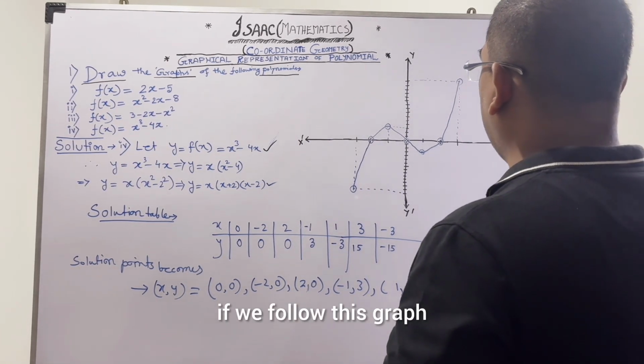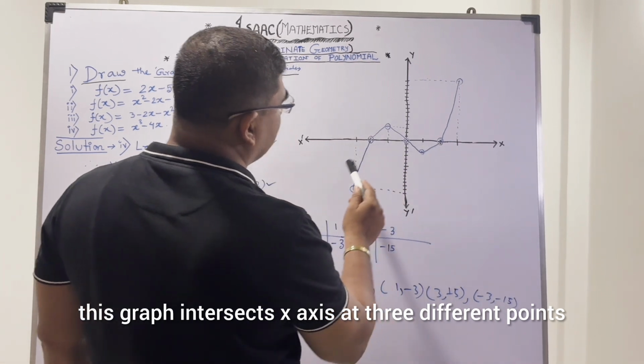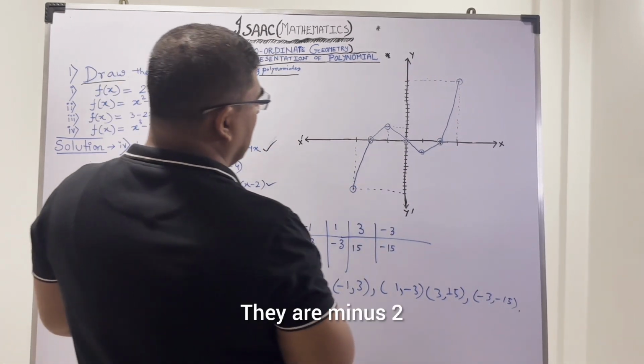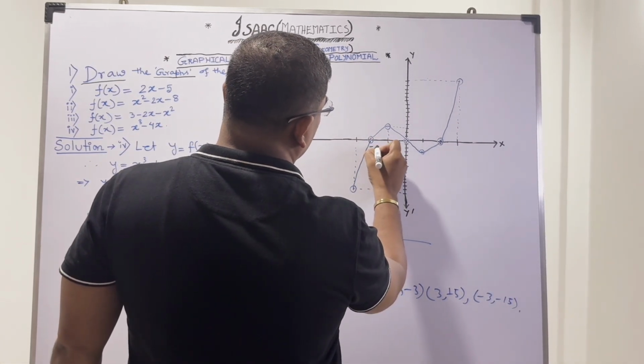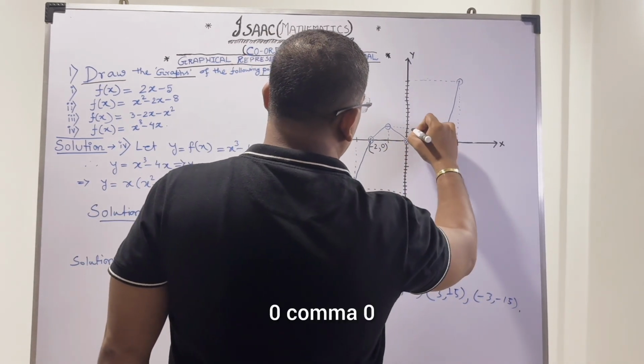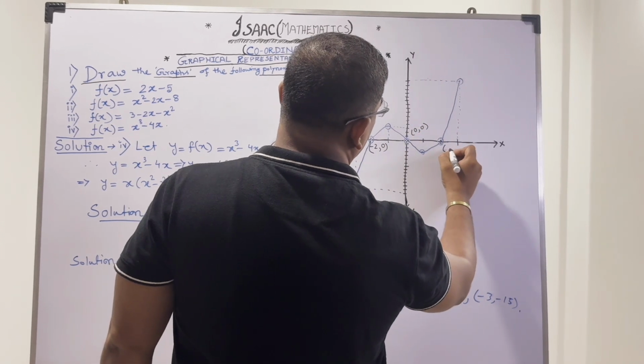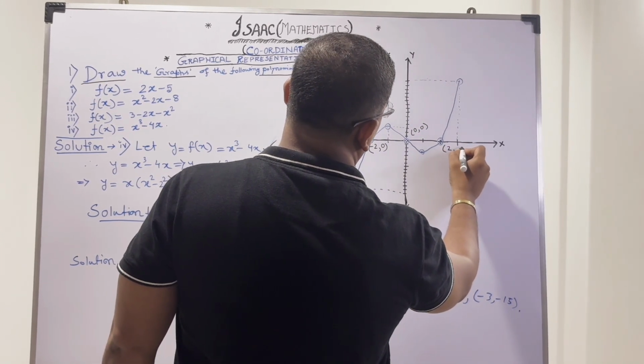If we follow this graph, it intersects the x-axis at three different points. They are minus 2, 0, 0, 0 and 2, 0.